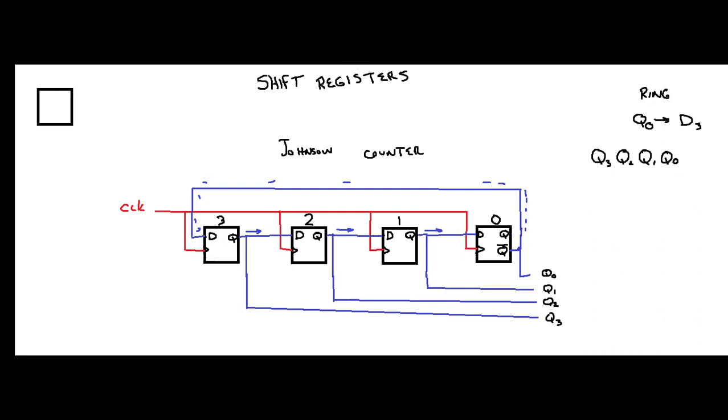Now, for a Johnson, and that's a 4-bit, by the way, I think you all know that anyway. We'll do a 4-bit Johnson counter. So let's start them all at 0.